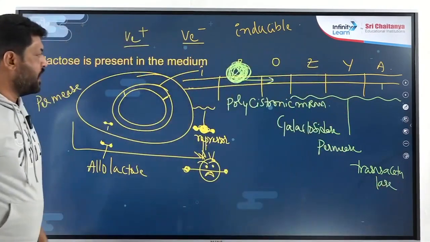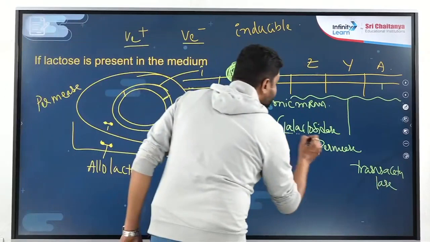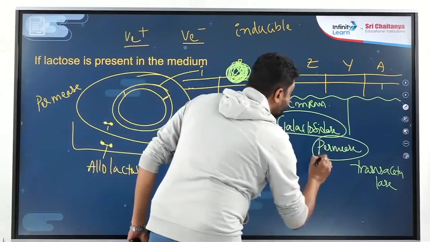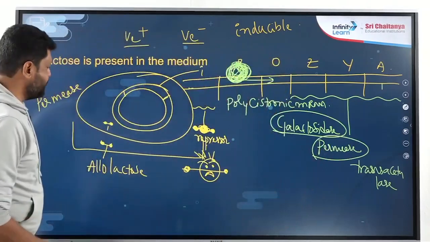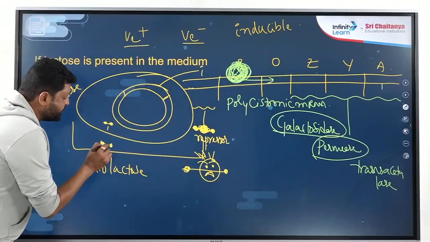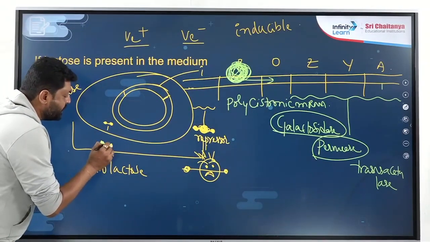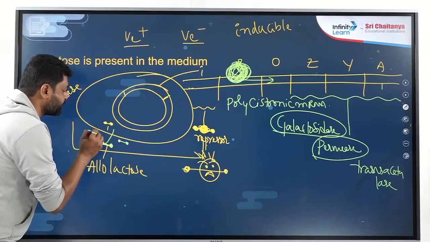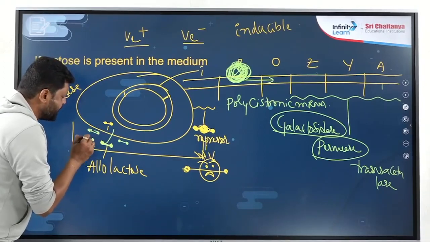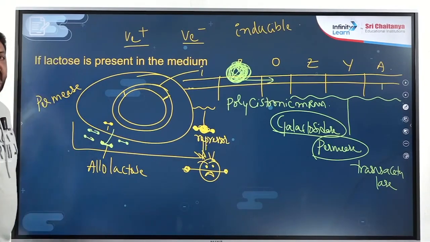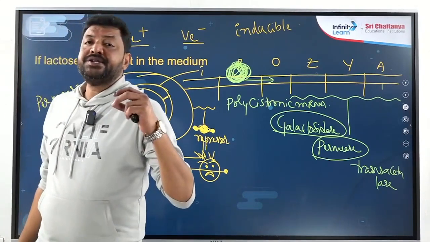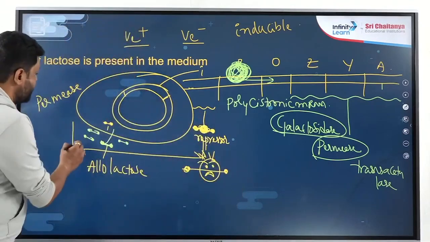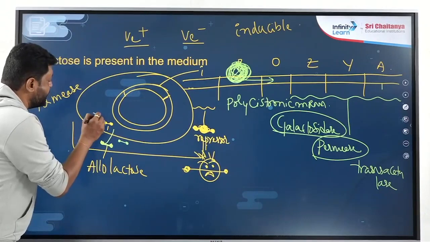Clear? Now what are the functions of these enzymes? First, the function of the permease. Permease will let lactose in, so further lactose molecules will enter. The name itself shows it: it enhances the permeability of the bacterial membrane for lactose. So all the remaining lactoses will come in.